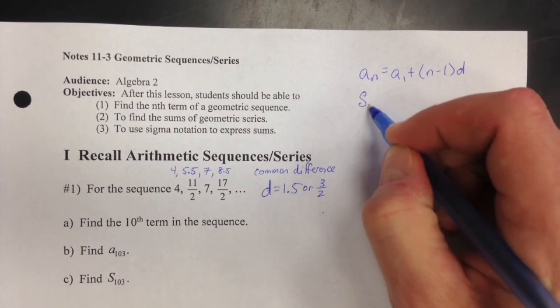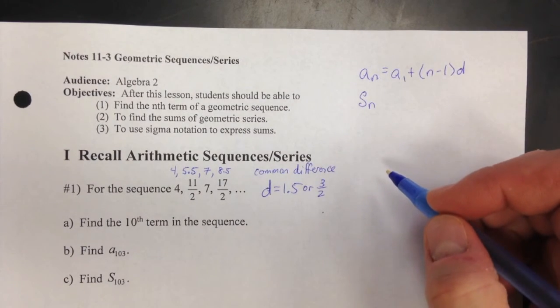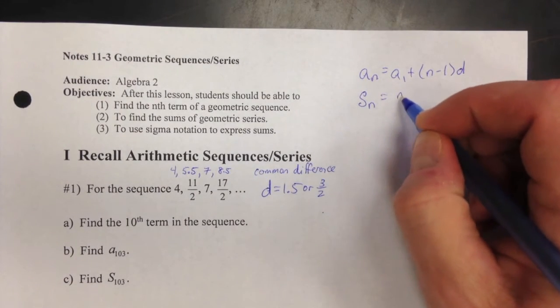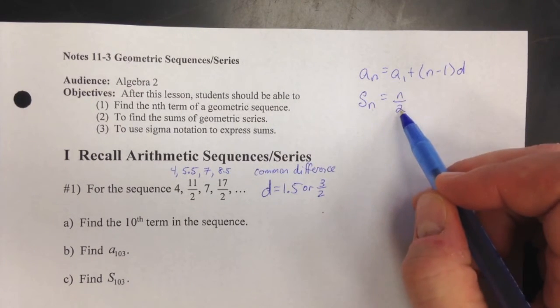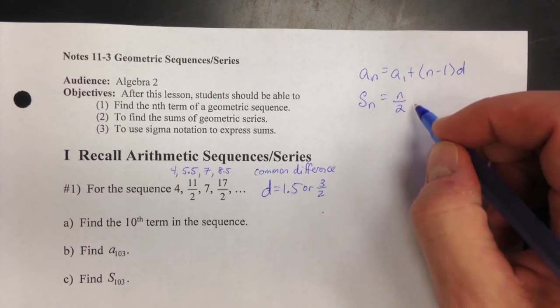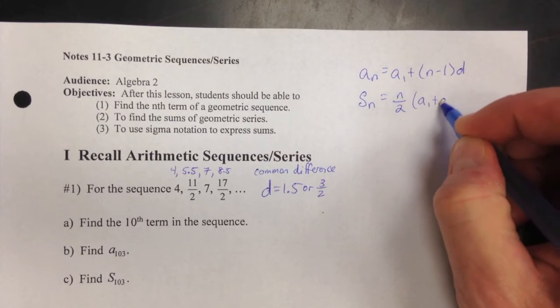Also, I'm going to write down the formula for the sum of an arithmetic series. The sum of the first n terms is n over 2, where n is the number of numbers, times a sub 1 plus a sub n.